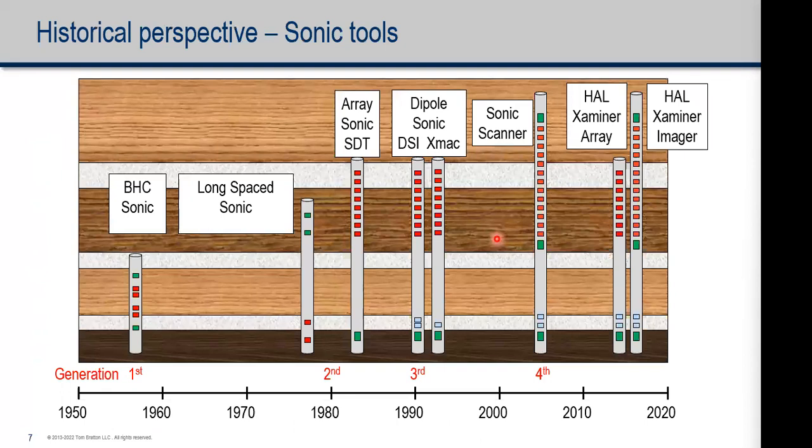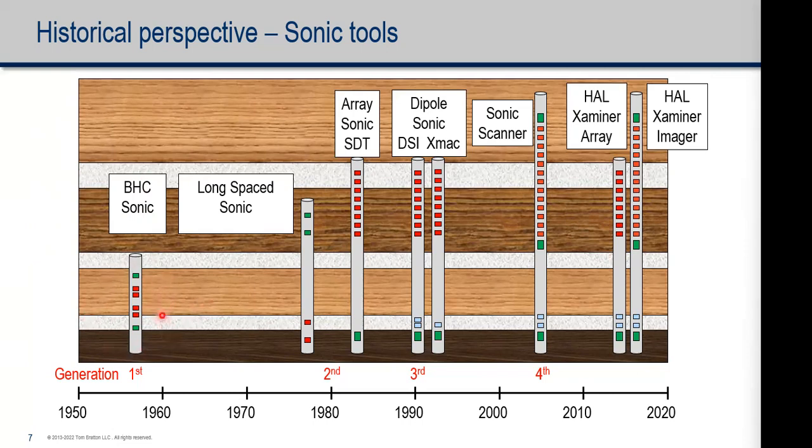There's been a number of generations of sonic tools. The first sonic tool was called the borehole compensated sonic. It had two transmitters, shown in green, and four receivers, and they'd make a downgoing measurement of the speed of sound and an upgoing measurement, and they took the average of those two.